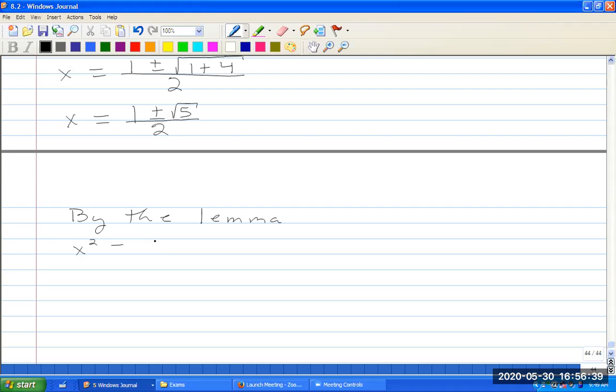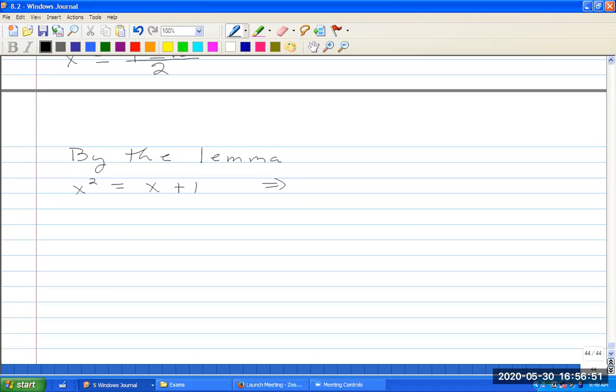Okay, so by the lemma, x squared equaling x plus 1 implies that x to the n plus 1 is equal to x f sub n plus 1 plus f sub n. Let me define f sub 0 as equaling 0, just to make my life easier.